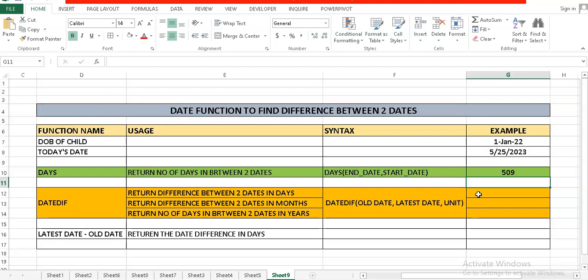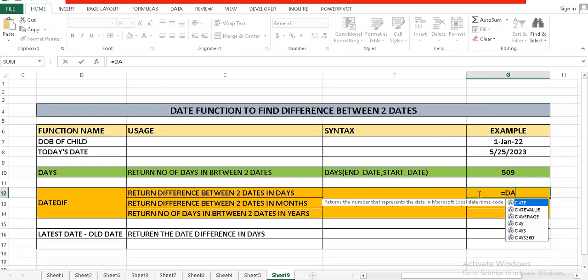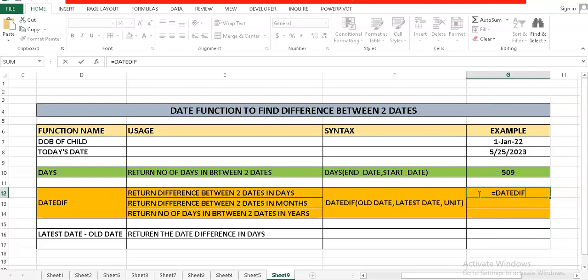So let's see the formula. First we are going to find out the difference between two dates in days. So I'm going to mention here equal to DATEDIF, into the bracket, the old date, which is here the 1st Jan 2022, comma, the latest date, that is the current date, comma, I want the date difference in days format.